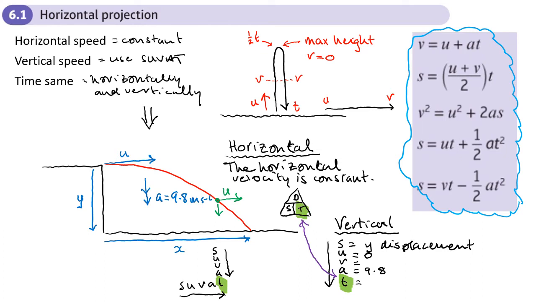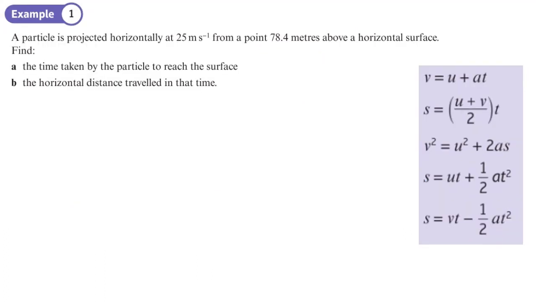Okay. Right, so let's have a look at this. Any of these questions, always draw a diagram. A particle is projected horizontally, so there's our horizontal velocity, at a point 78.4 meters above a horizontal surface. So let's get a diagram going here. A bit like the example that I did, it's going to be projected off there and fall down there.